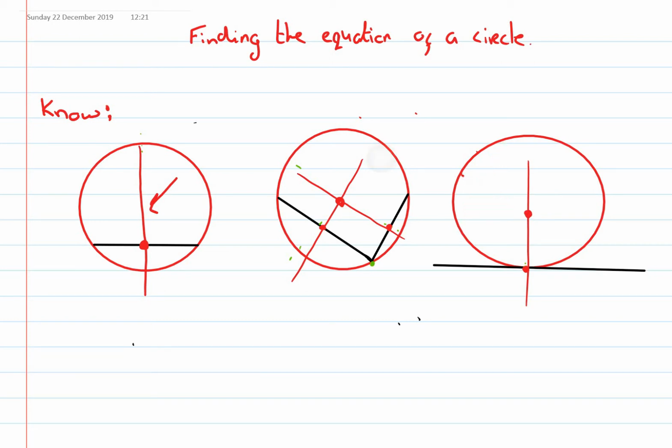And I suppose likewise again, if I had two tangents and I drew a perpendicular line to the, say, the black tangent at that point, and I did the same with the red tangent, the point where they would cross would be the center of the circle.